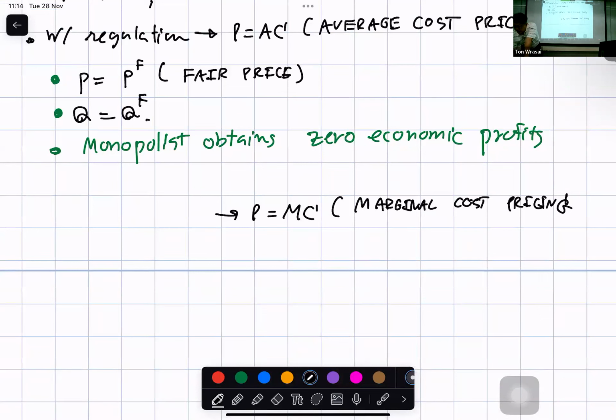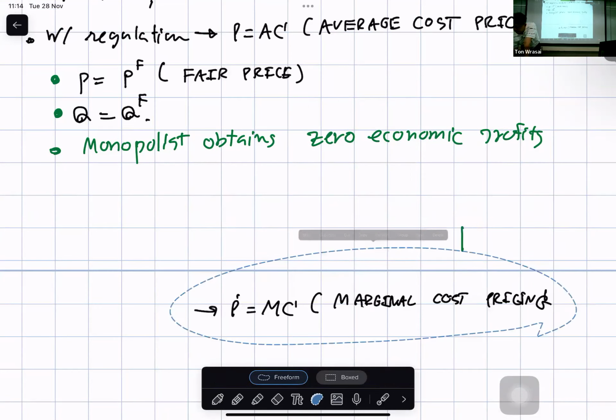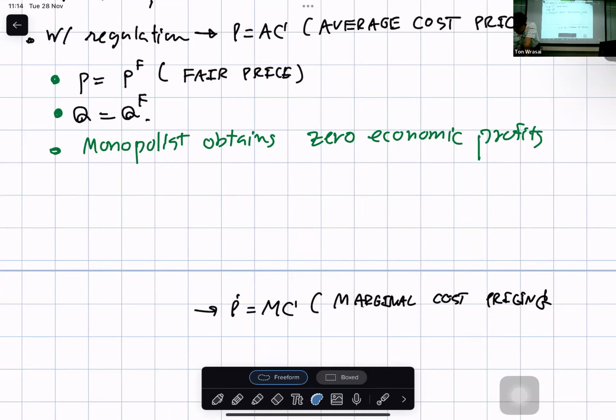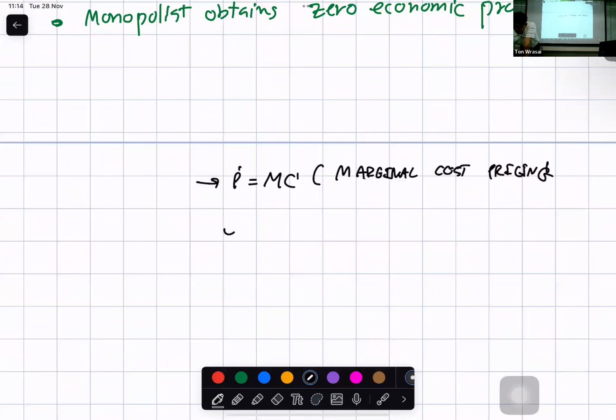Given this marginal cost pricing, Q would be QI.